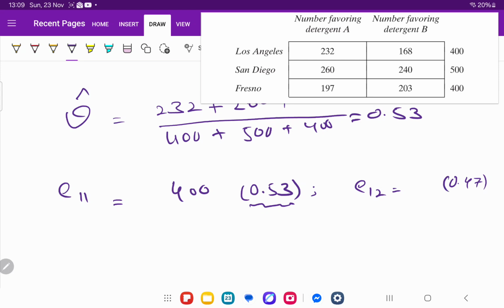So 47% multiplied by 400, and 400 also multiplied by 0.53, because it is relating with detergent A, and 47% is relating with detergent B, because 168 is lying in this row. And in a similar manner for this information.